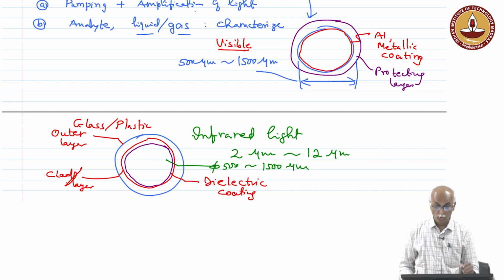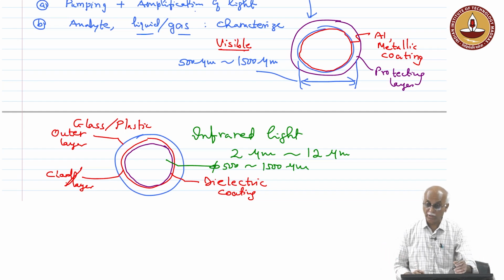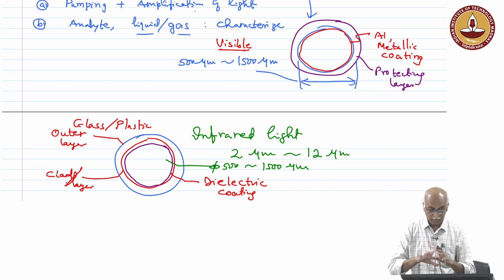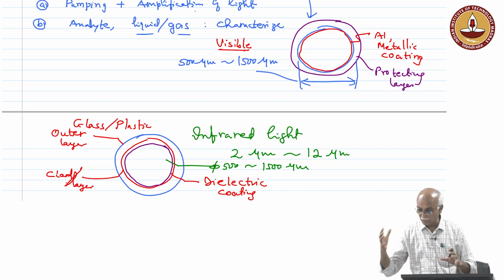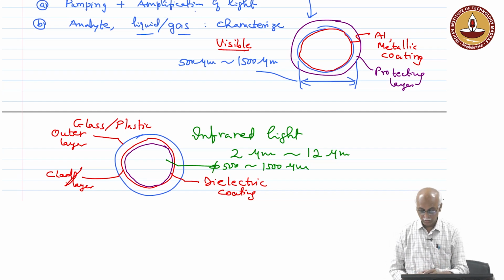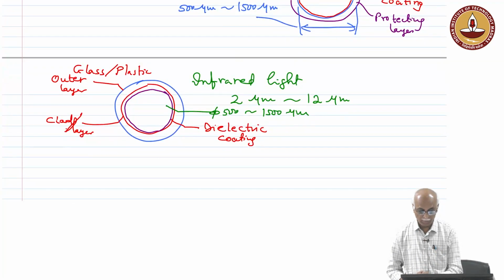So, it allows some medium which we want to characterize to be stored in this. Very less volume, because the diameter is small, and optical light can propagate through this. So, very good coupling of the light with this medium to be characterized, and we can easily capture the information. So, they have some specific applications, these hollow core fibers.